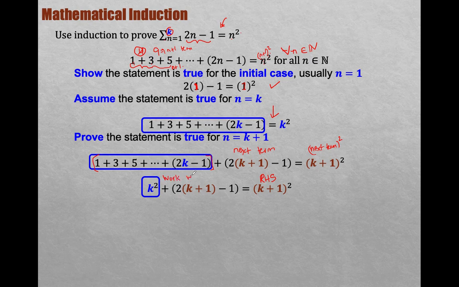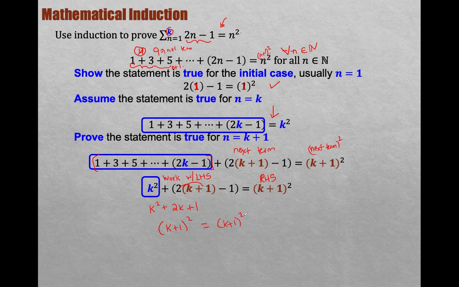Now I said I might do some minor cleanup to the right-hand side, but that's about it. This is 2k plus 2. 2k plus 2 minus 1 is 2k plus 1. And then my factoring brain, oh my Lanta, what does that equal?